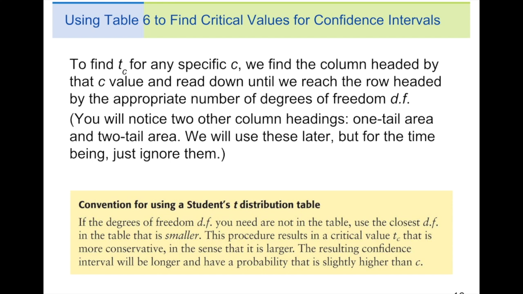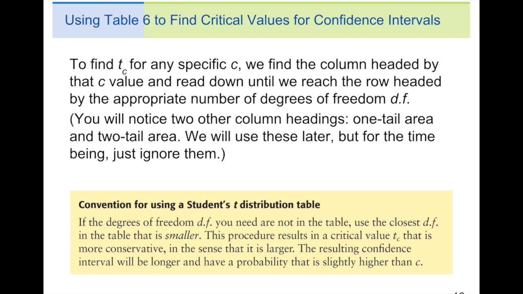To find t sub c for any specific c, we find the column headed by that c value and read down until we reach the row headed by the appropriate number of degrees of freedom. You'll notice two other column headings, one-tail area and two-tail area. We will use these later, but for the time being, just ignore them.